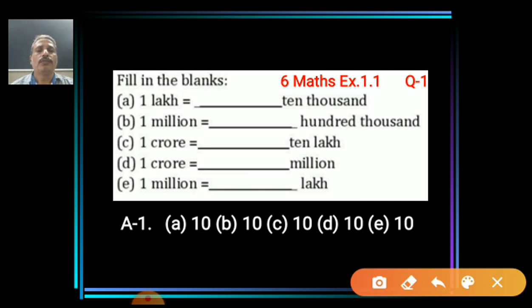Suppose we discuss what is 1 lakh and how to write 1 lakh. After 1 we have to add 5 zeros: 1, 0, 0, 0, 0 and 0.